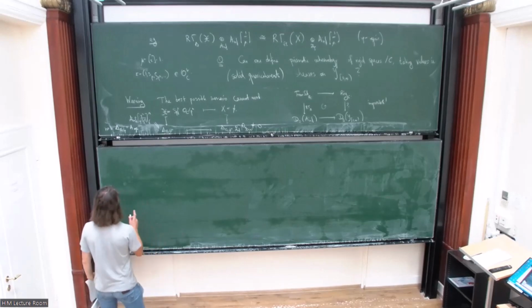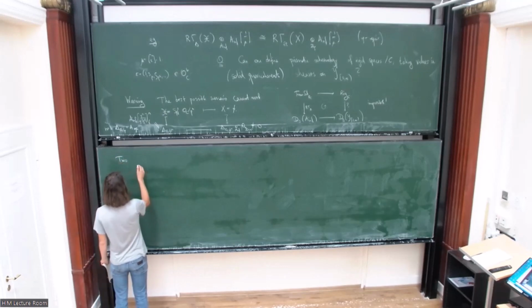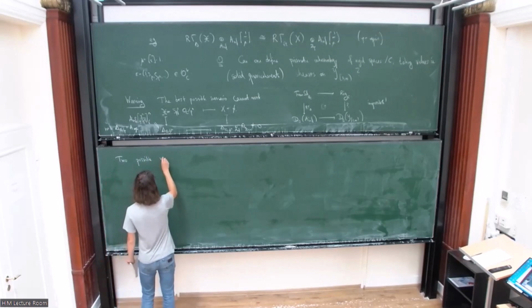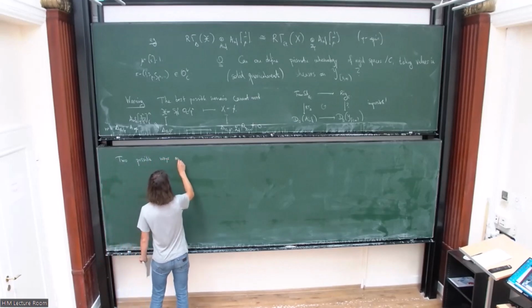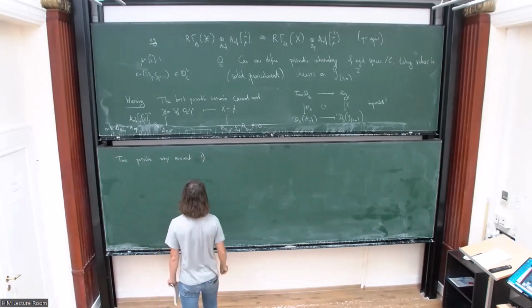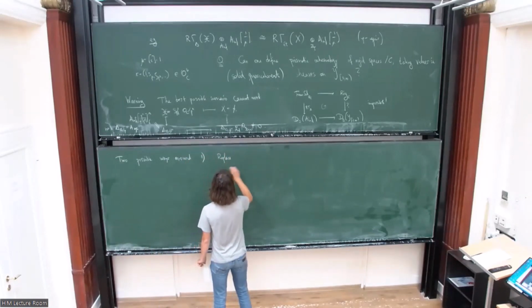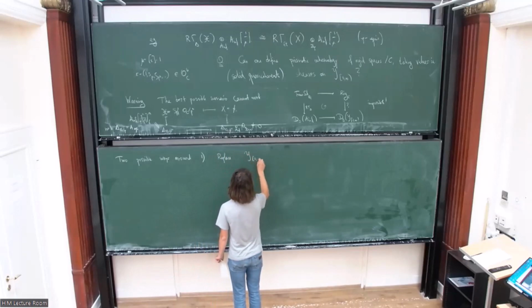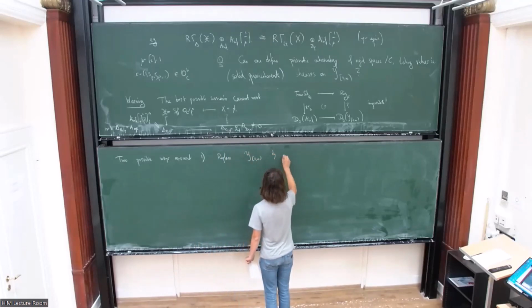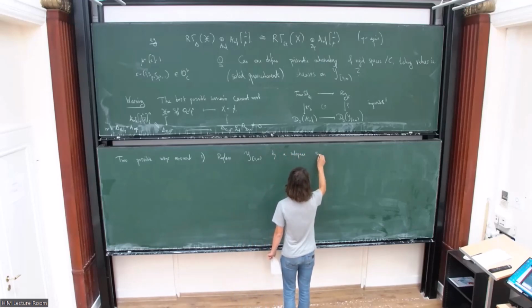Okay, so two possible ways around. One is to replace Y_0 infinity by a flux plate.